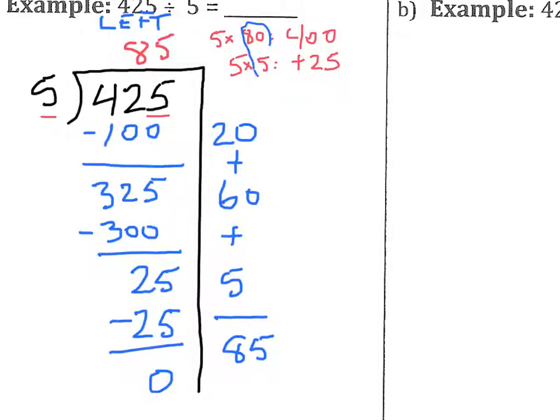So 80 and 5 is 85. So there's a number of different ways that you can do division. Let's try another.